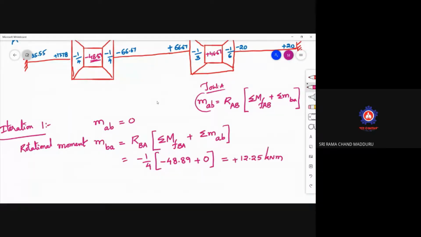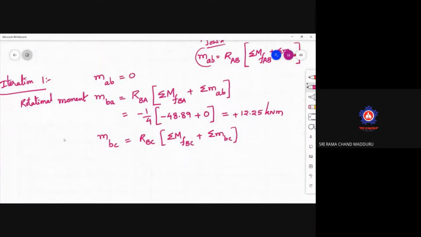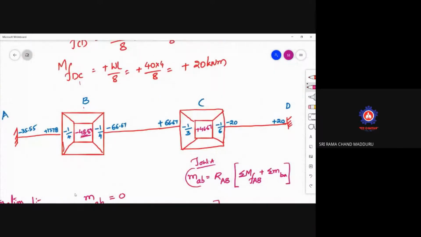Start writing for MBC. MBC is nothing but RBC into sigma MFBC plus sigma MCB. What is the rotational factor here?